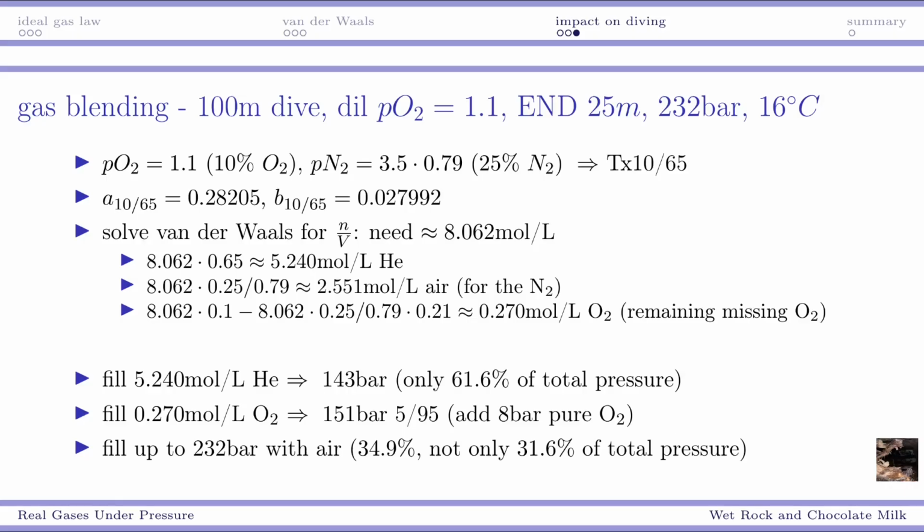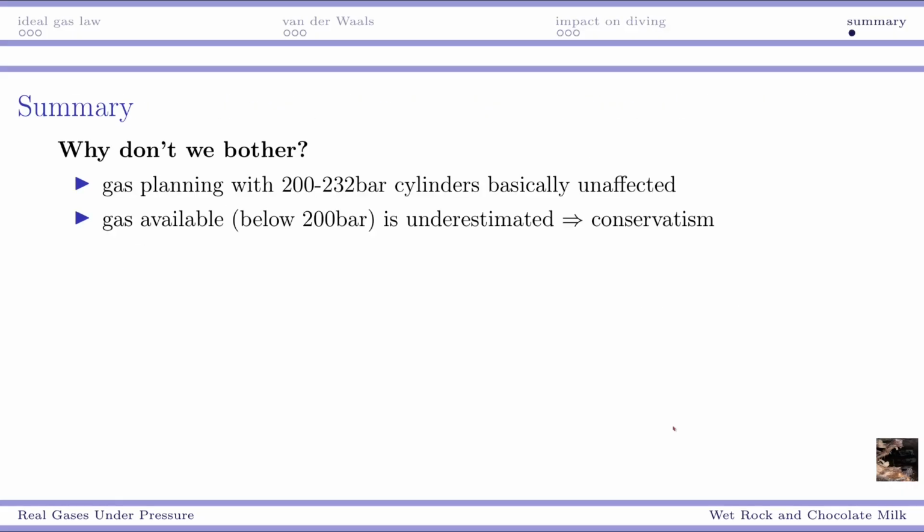All right, so what does that mean in conclusion? Well, we've seen that there are some circumstances where we don't need to bother. If we're doing gas planning with 200 to 232 bar cylinders, then we're basically unaffected. At the end of the day, this is roughly the range where the two predictions, at least for air, coincide. Other gases that are usually used in recreational diving aren't going to be far off because they're just slightly enriched air.